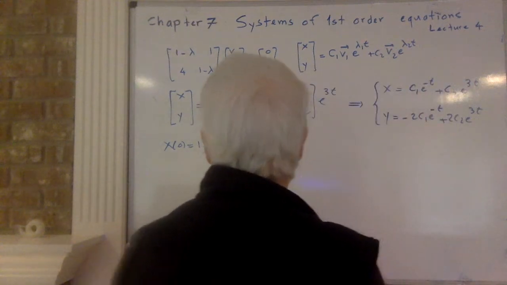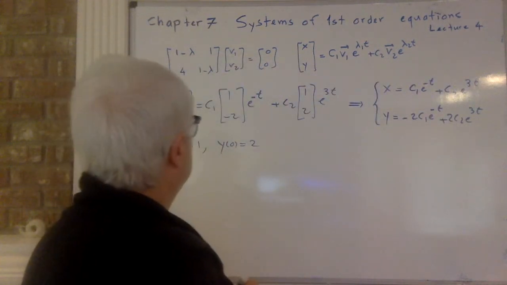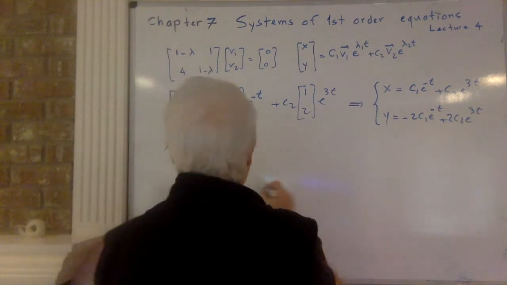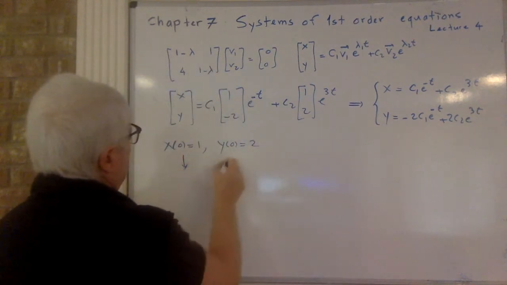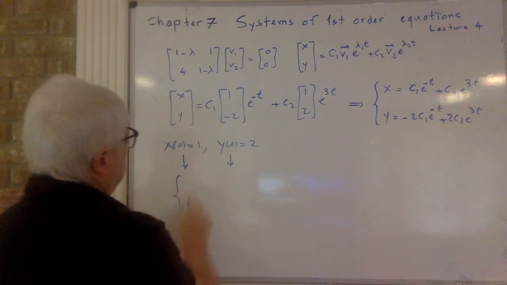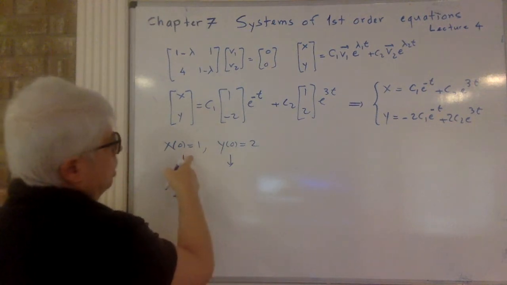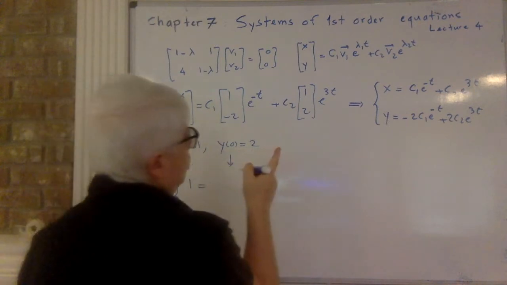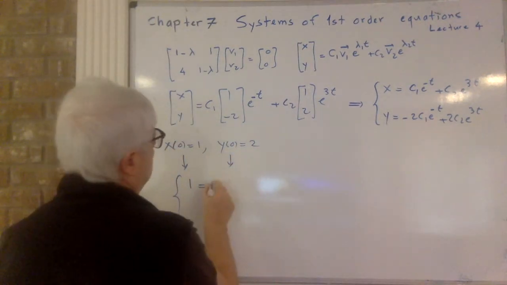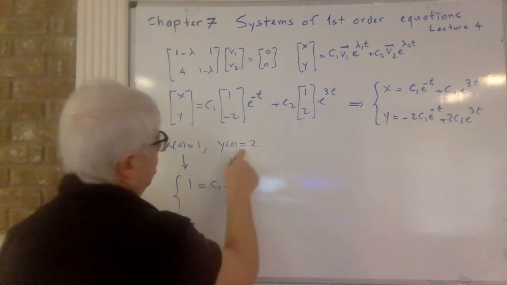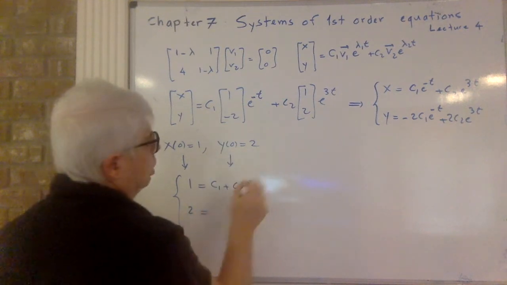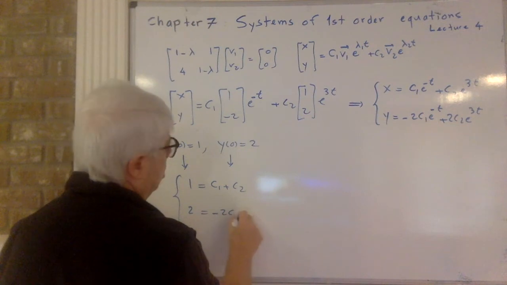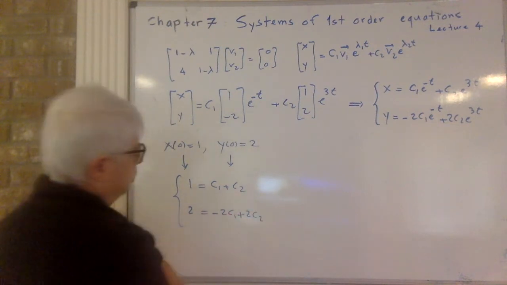Okay, so x at 0 is 1, y at 0 is 2, and so this one and this one together will give me x at 0 is 1 equals C1 plus C2. This one is 2 equals minus 2 C1 plus 2 C2.